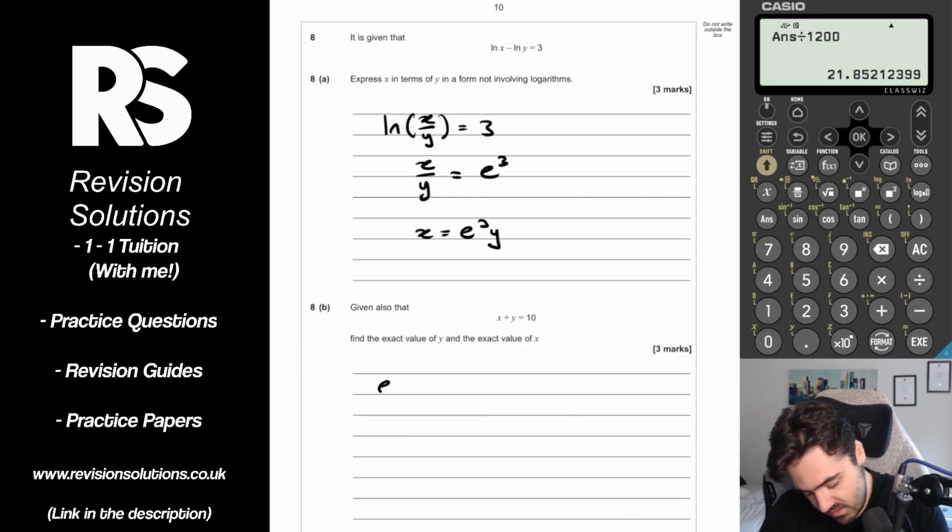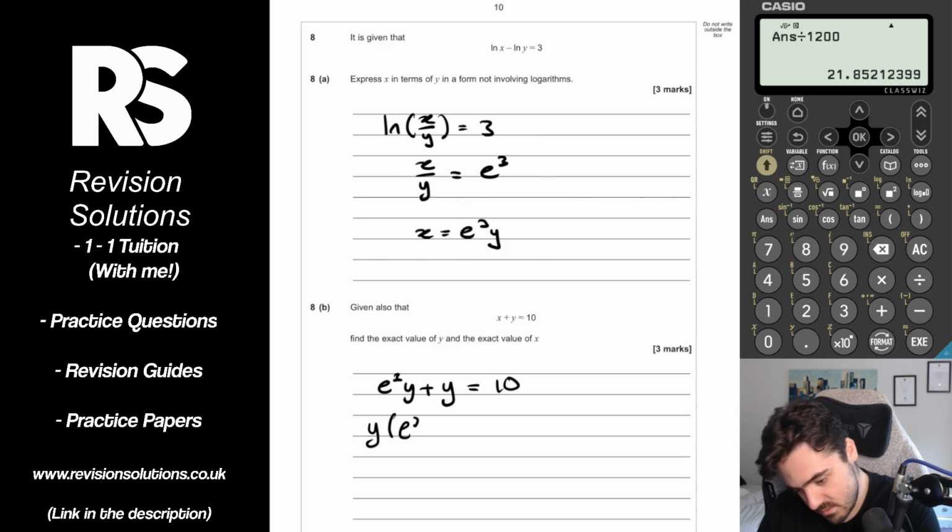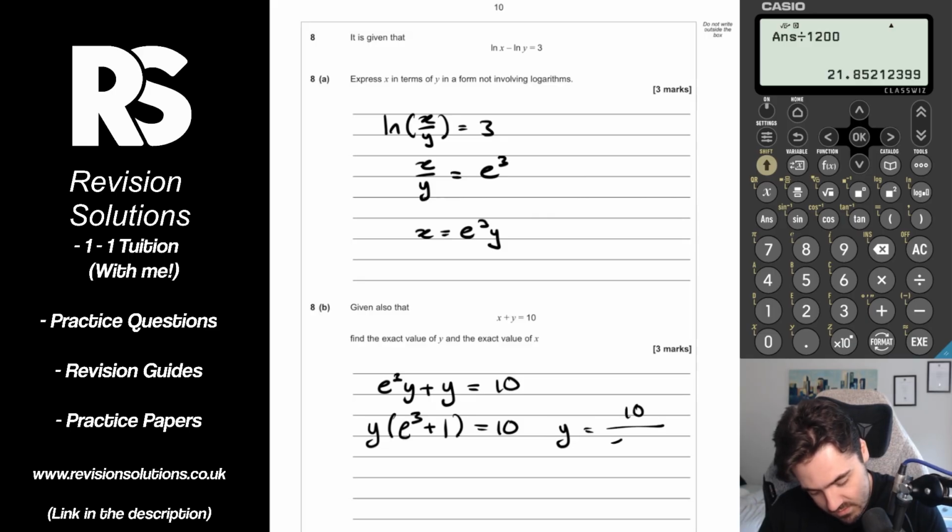So we could write e cubed times y plus y equals 10. And then if we factorize out the y, y, open bracket, e cubed plus 1 equals 10. So y equals 10 over e cubed plus 1.